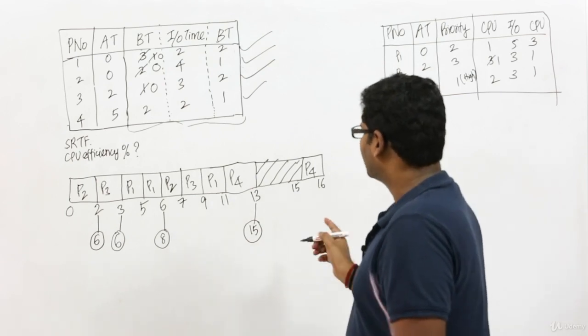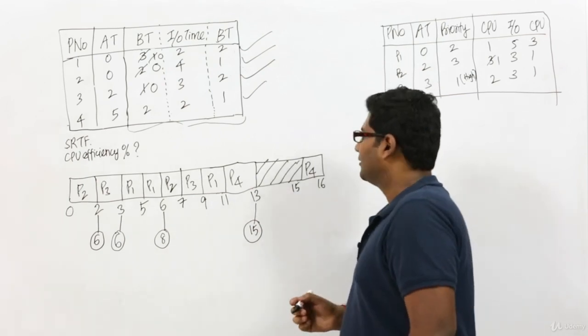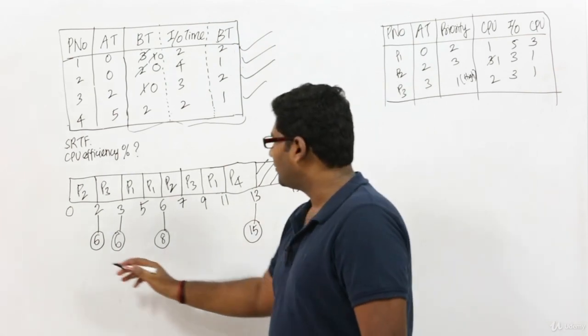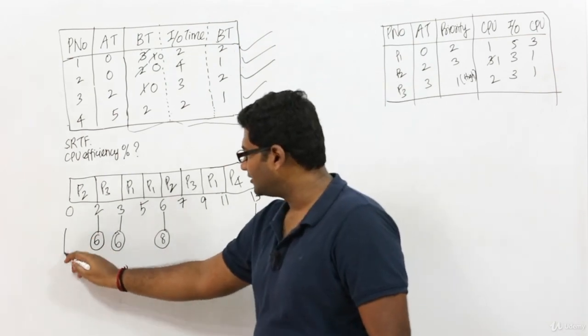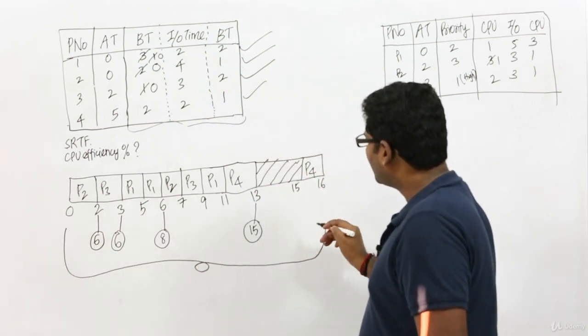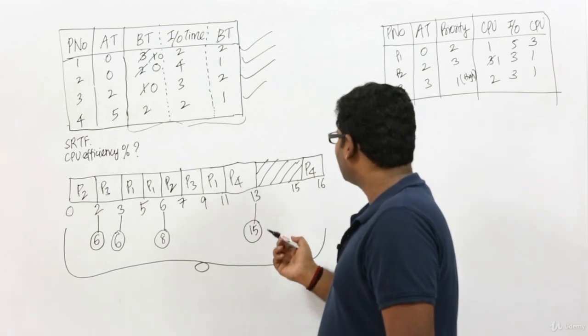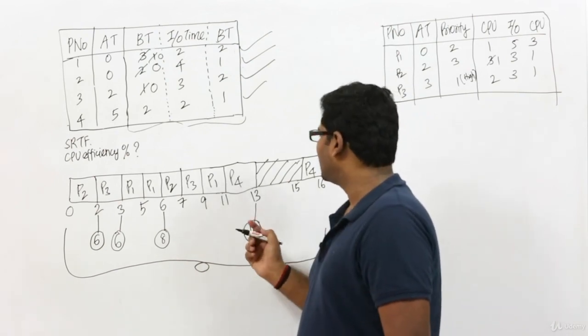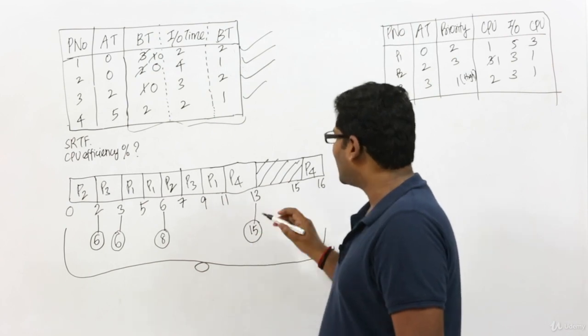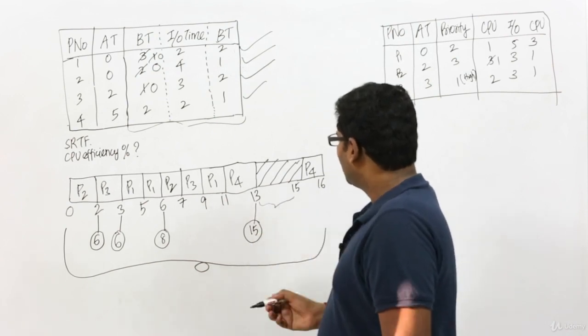Done, completely done. So what is the CPU efficiency percentage? Our schedule length is 16. We started at 0 and went on till 16, out of which the CPU is busy except for 2 time units, which means our CPU is idle for 2 time units.